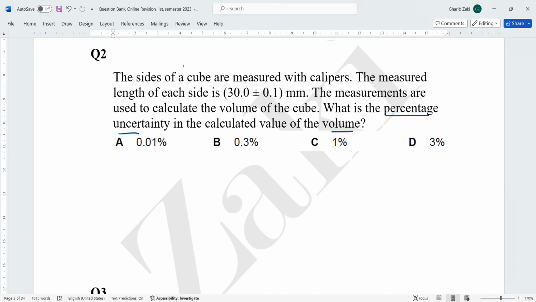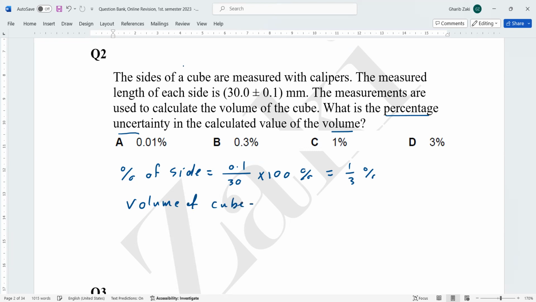Now, first, what is the percentage of a side? The percentage of side equals the uncertainty divided by the length of the side multiplied by 100%. It becomes 1/3%. We know that the volume of the cube is L cubed, the side times side times side.